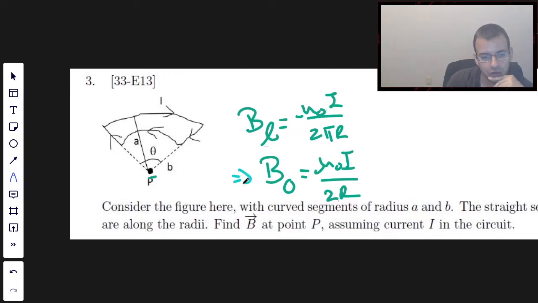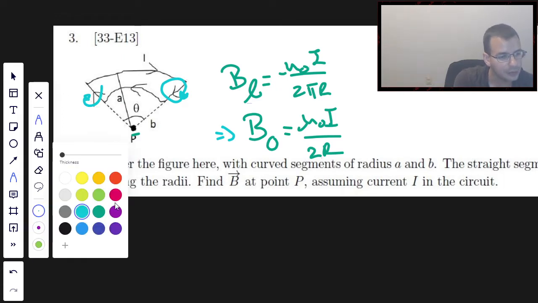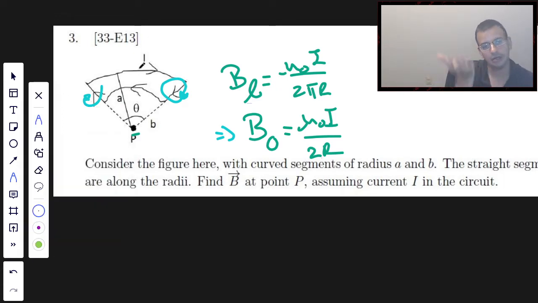So we're going to use the formula for a circle, and the idea here is we can just approximate. We're going to have 4 magnetic fields here. We're going to have a magnetic field that goes like this around that loop. This one, right hand rule, is going to be around this direction. Then for this arc up here, this part is going to be out of the page, and this is going to be into the page.